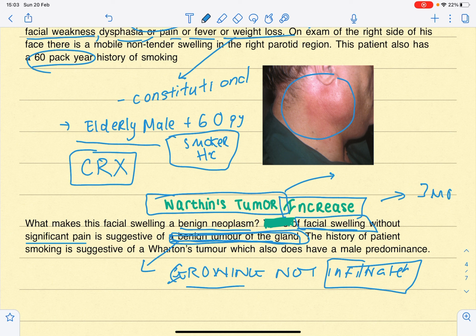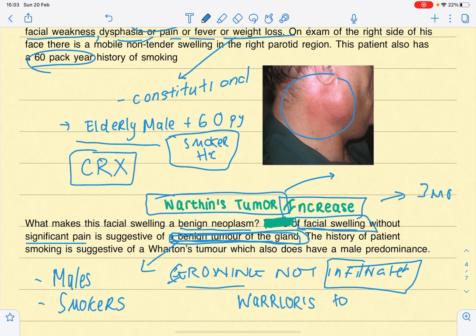Now, anyway, Wharton's tumours are common in males, older age, and smokers. The mnemonic here actually is warriors from Germany live for smoking.